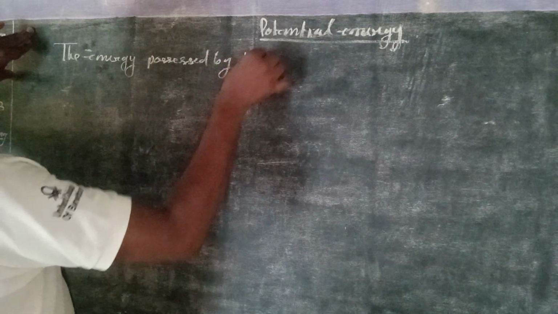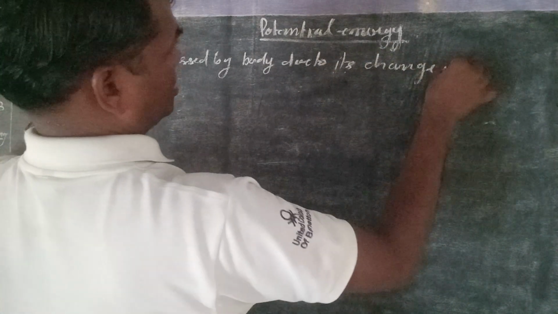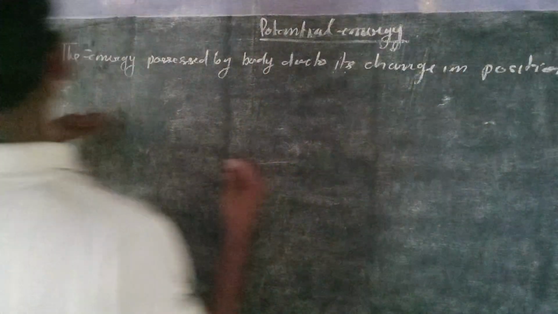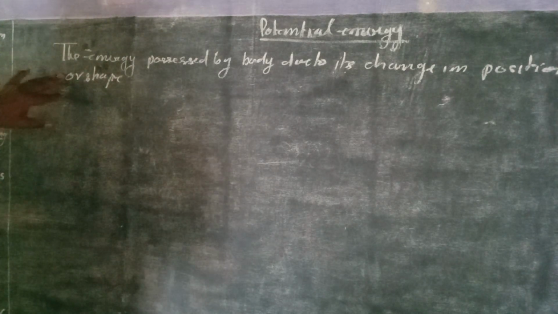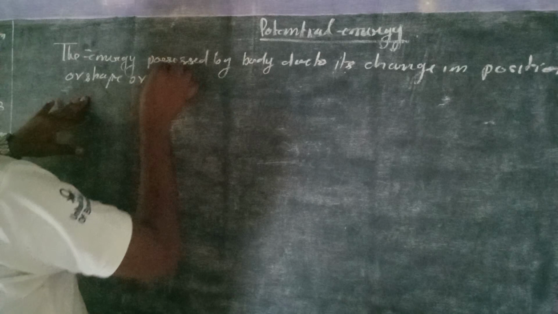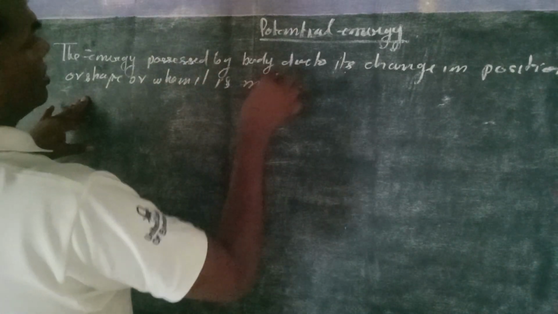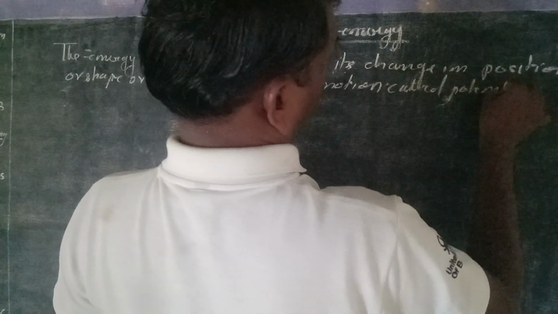What is potential energy? The energy possessed by a body due to its change in position or shape, or when it is not in motion, is called potential energy.